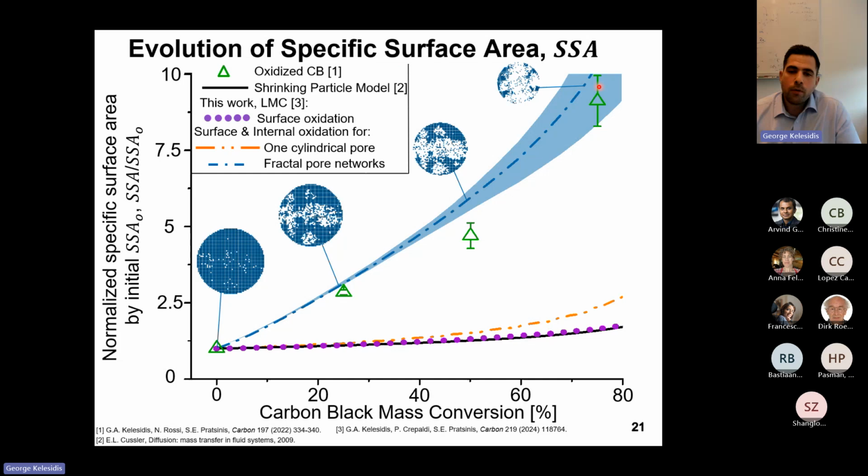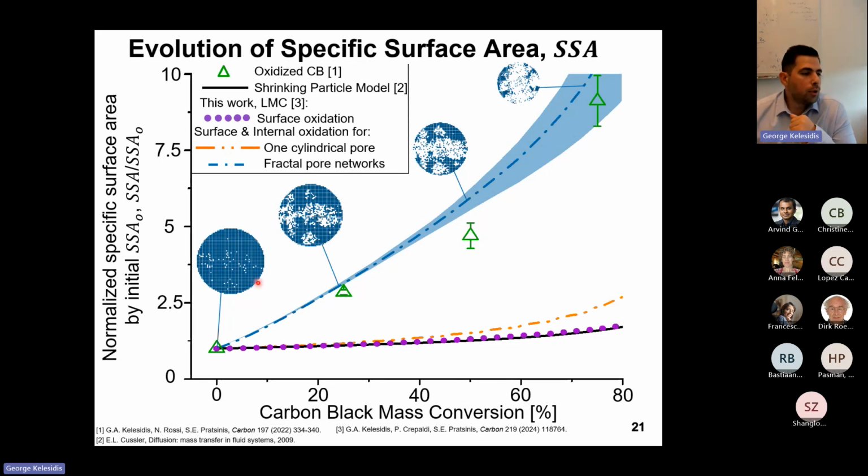When we account, though, for the internal oxidation of more realistic fractal pore networks, you can see that the specific surface area increases up to a factor of 10 at large conversions. The shaded area over here quantifies the statistical variability of our model between the 50 pore networks that we used over here.